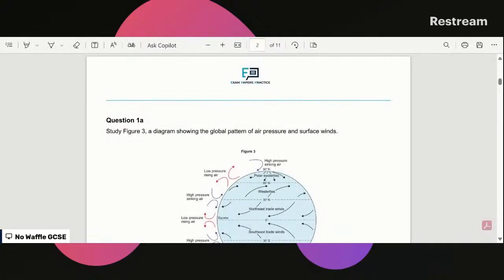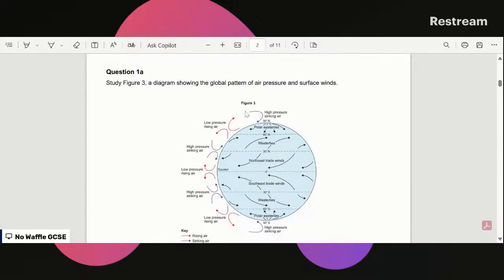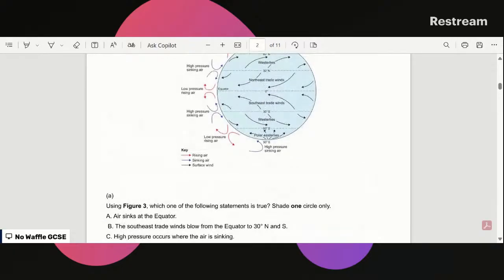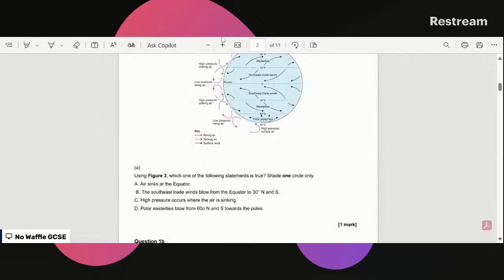Okay, so here we're looking at weather hazard questions now. So we've got the global patterns of air pressure and surface winds, so the global atmospheric circulation diagram there. Using figure 3, which one of the following statements is true? Air sinks at the equator. That's false. Air rises at the equator.